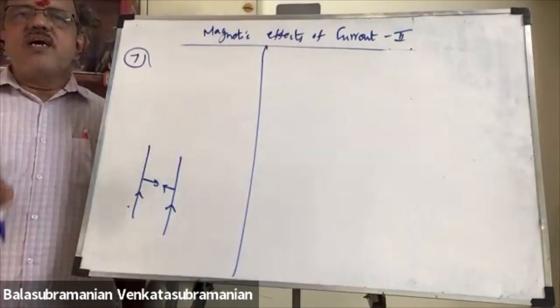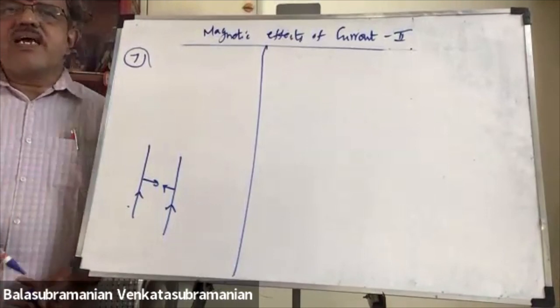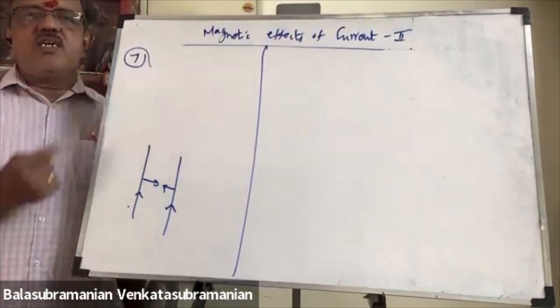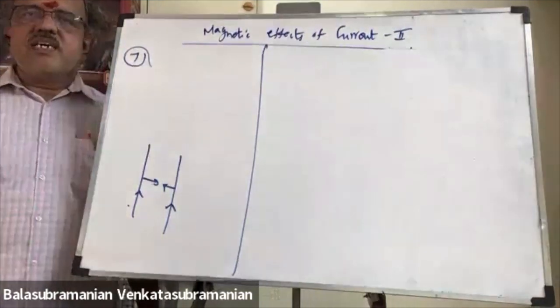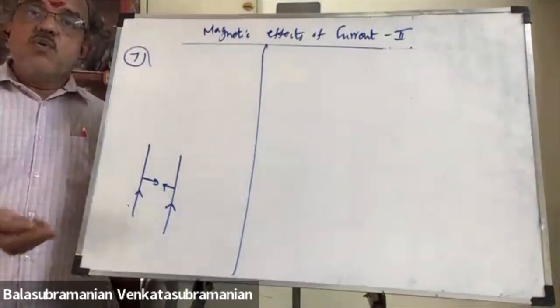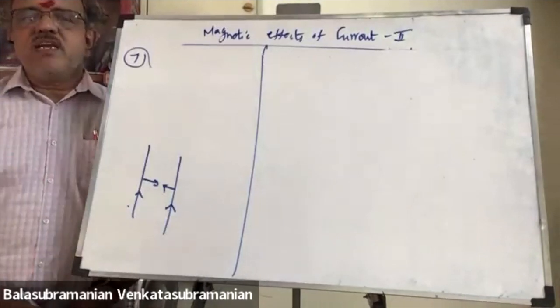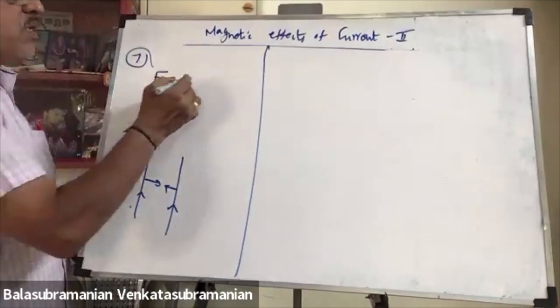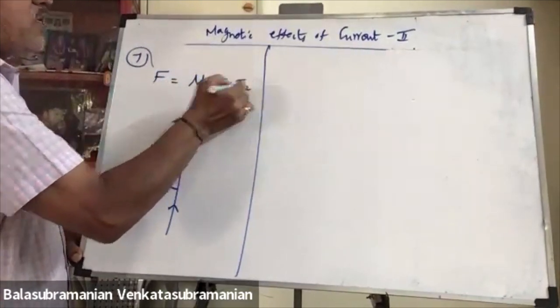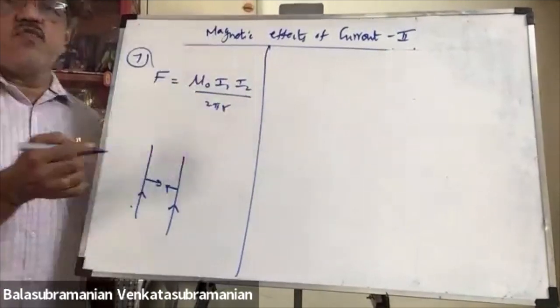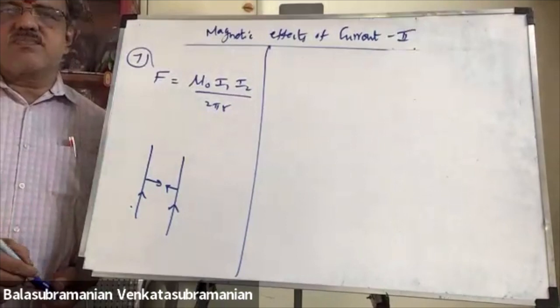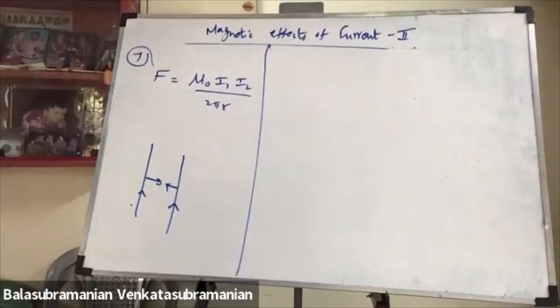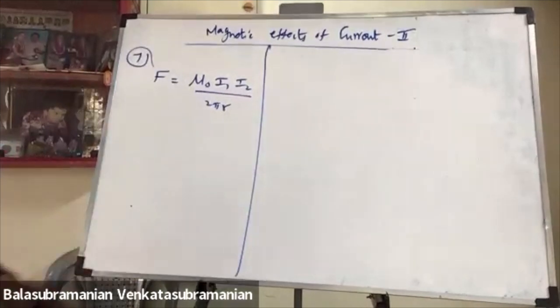Force due to a single current carrying conductor placed in a magnetic field, we have seen F is equal to BIL sin theta. Whereas for two parallel wires carrying current, the force per unit length, capital F, is equal to mu naught I1 I2 by 2 pi r. Values: current 8 ampere and 5 ampere, distance 4 centimeter.